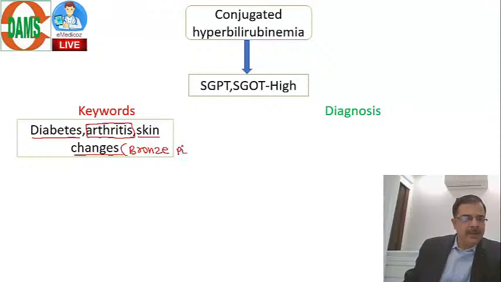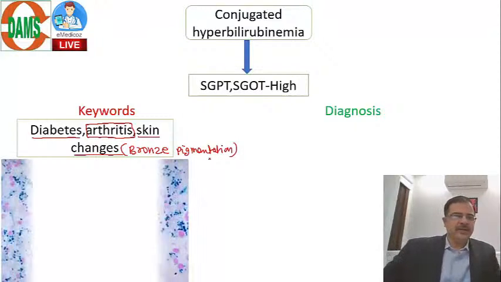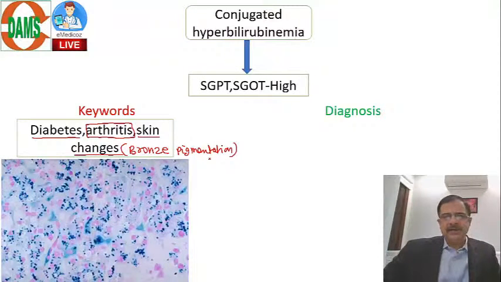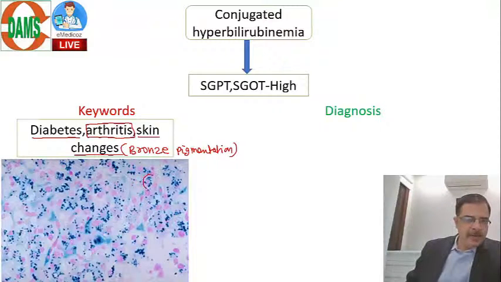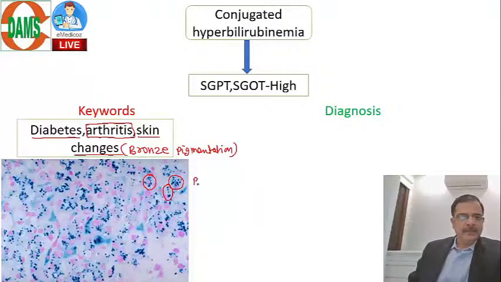Bronze pigmentation. This will be a case not of non-alcoholic fatty liver disease, but a case where the biopsy specimen will be given to you, and if you find blue colored stains, you can see blue colored.